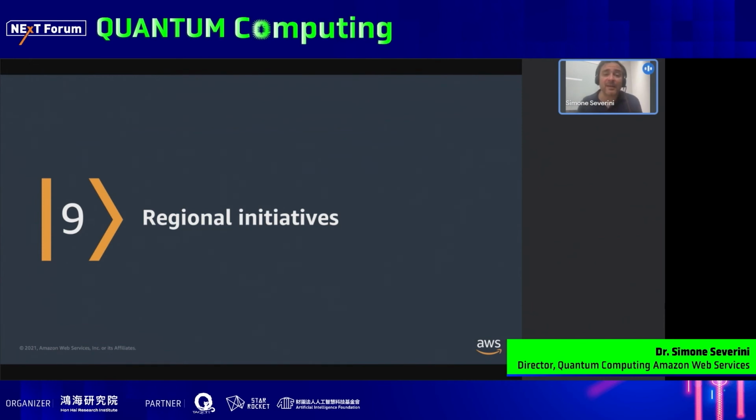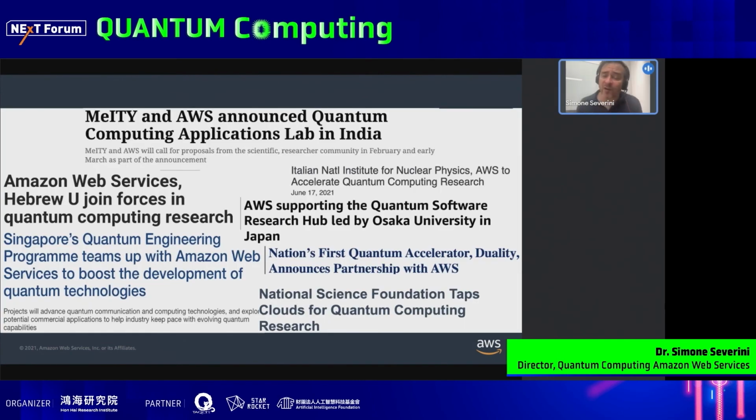My 9th slide is regional initiatives. I just want to very briefly say that we are partnering with a number of organizations out there that are using Amazon Braket, and I'm very excited about this. So community is fundamental, and collaboration is very important at this stage.